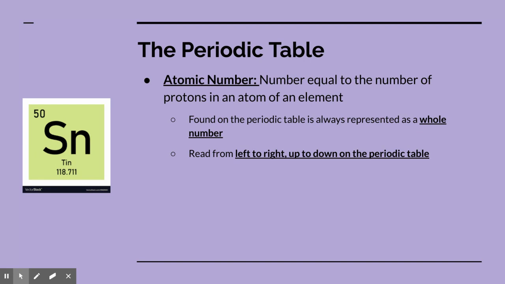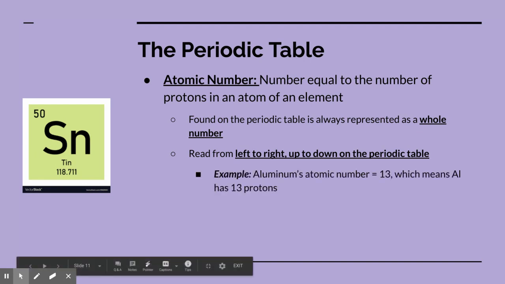We should have already seen that pattern before, but just in case you forgot, or never learned it at all, that's how we read the periodic table as far as the atomic number is concerned.